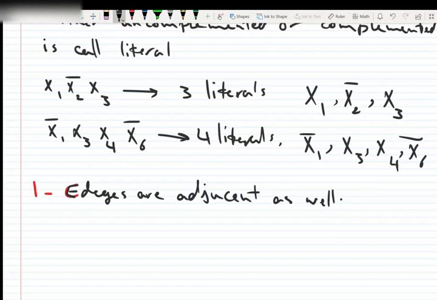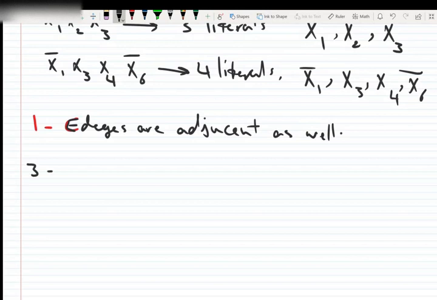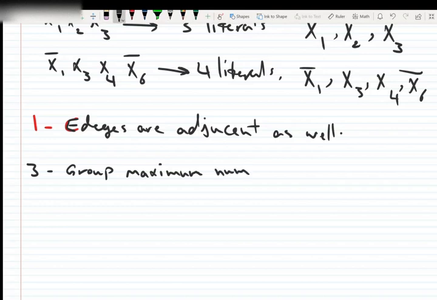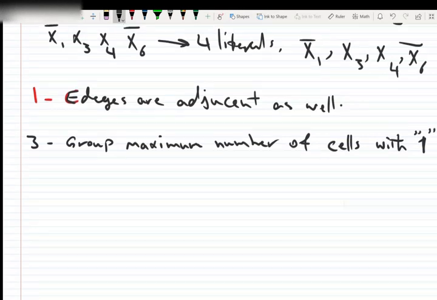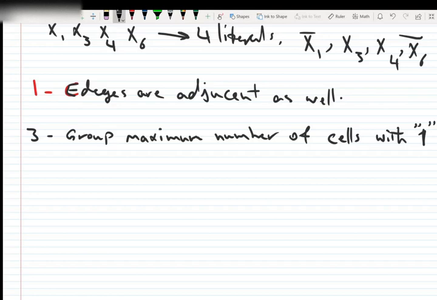Then group the maximum number of cells with 1 with each adjacency.